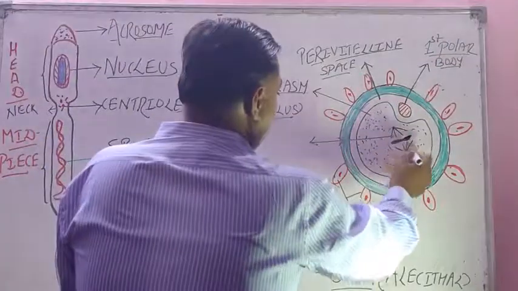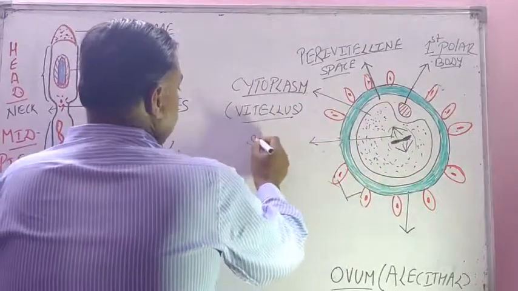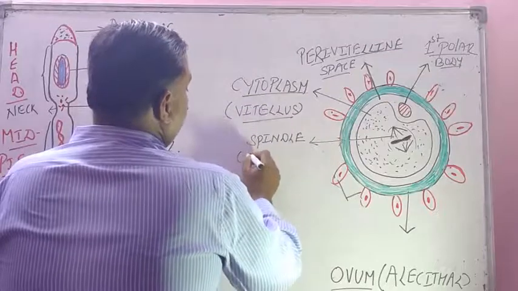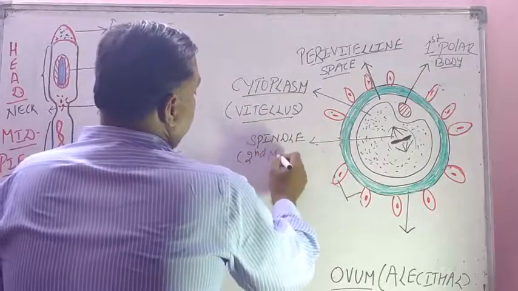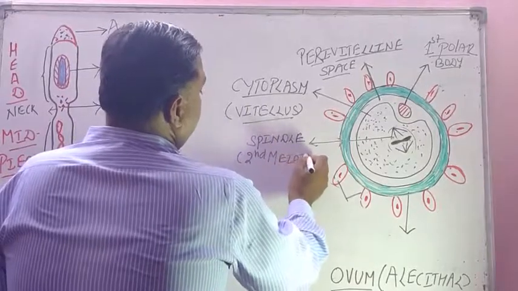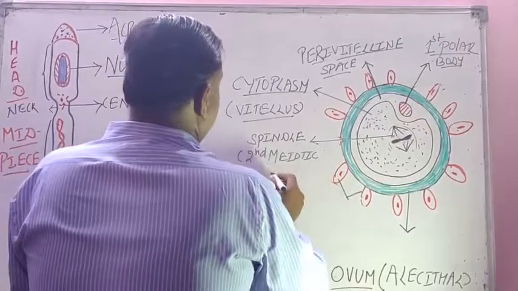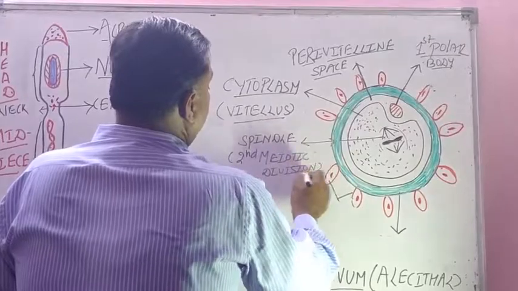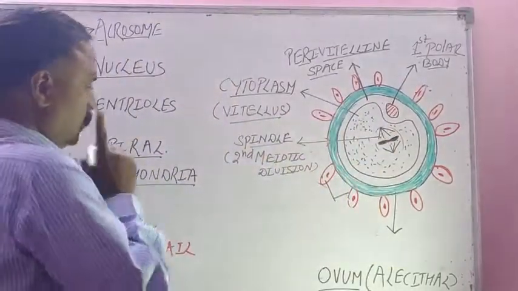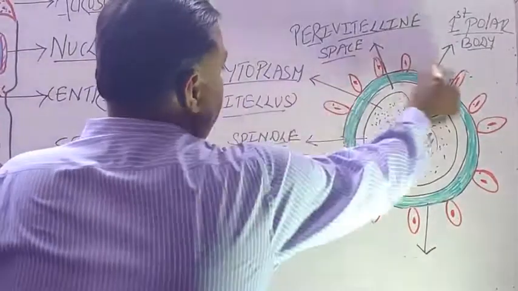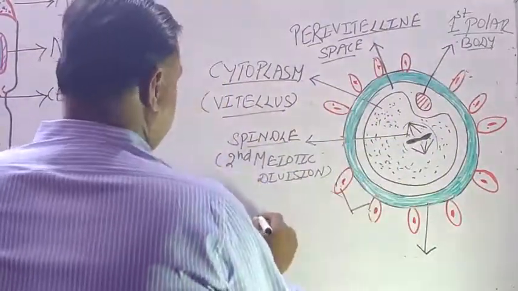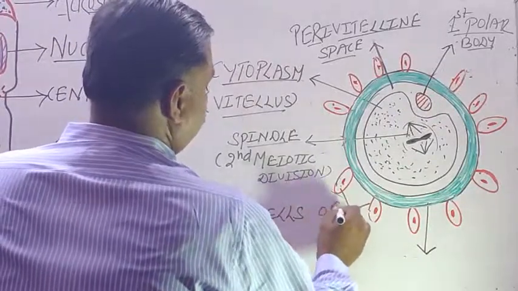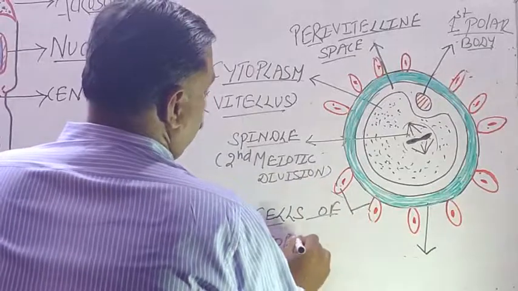And this structure, the nucleus, can be labeled as a prominent spindle fiber observed during second meiotic division of the cell. And these small red structures are the cells of corona radiata.